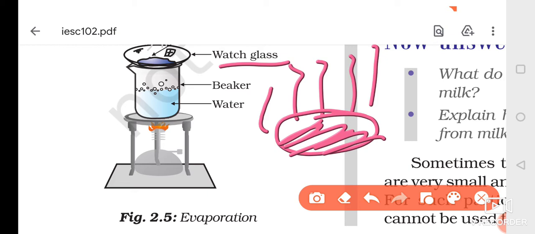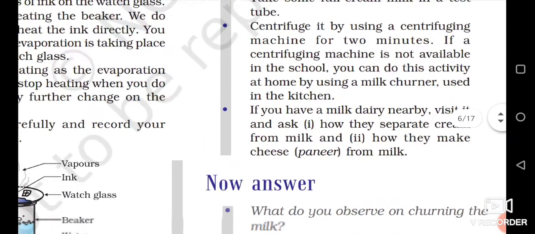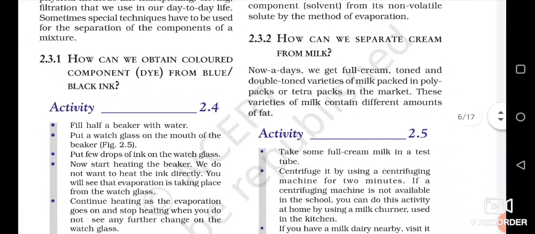All my water will be converted into vapors and my dye will be left behind in the watch glass. That is how I separate the ink by the evaporation technique. So this was one technique.